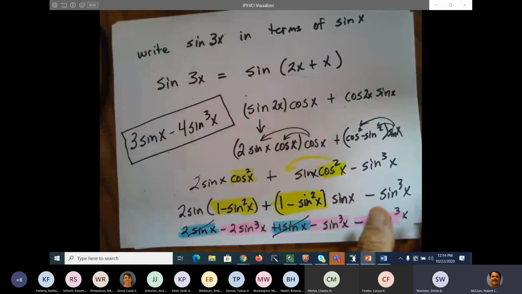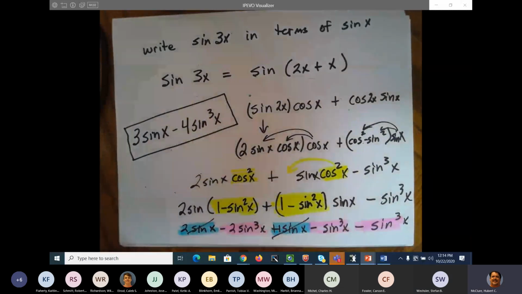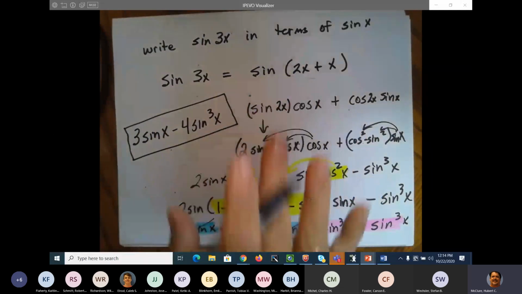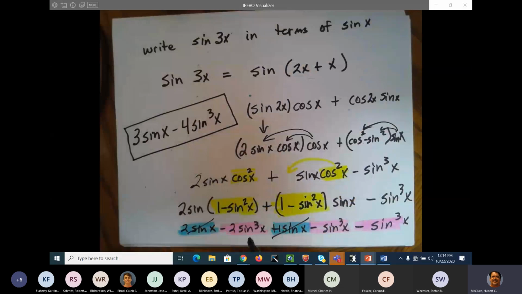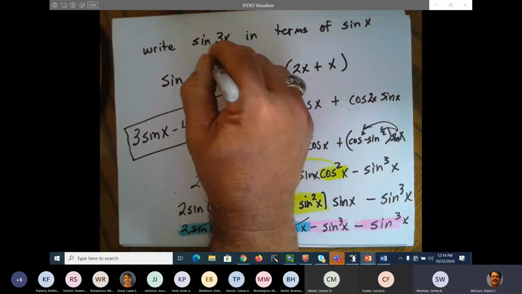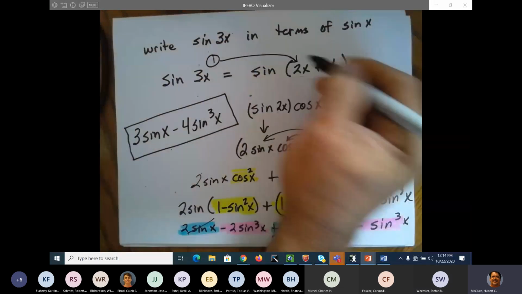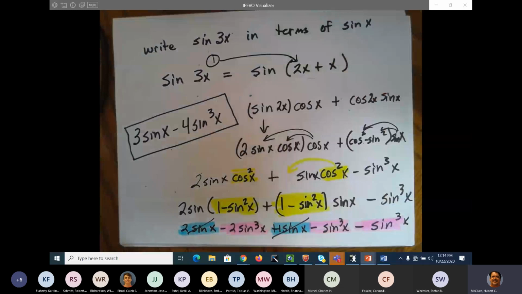Now, of course, like I said, I don't think I would put that on a test. I might put it on a test, but it would only be like 1 because it takes time to do something like this. But first of all, you've got writing 3x as the sum of x's. That's one thing. Then you've got sine of 2x, cosine of 2x.